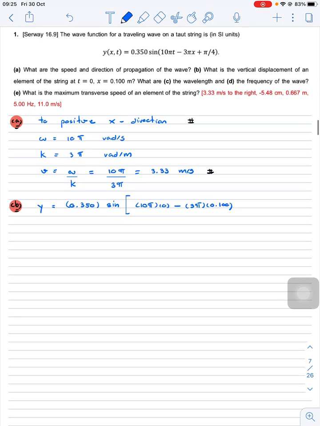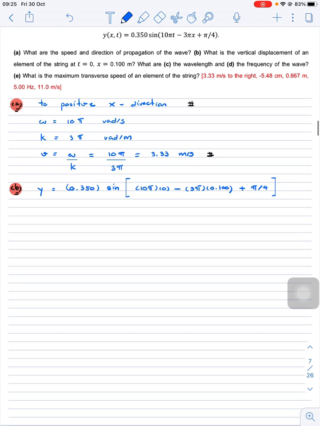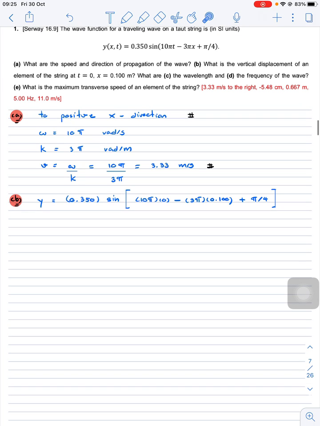Okay, and then plus pi over 4. Okay, so then we can just use the calculator and solve. It's going to be equal to negative 5.48 times 10 to the negative 2 meter.